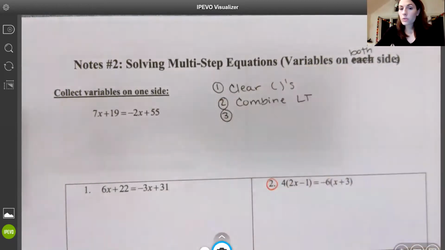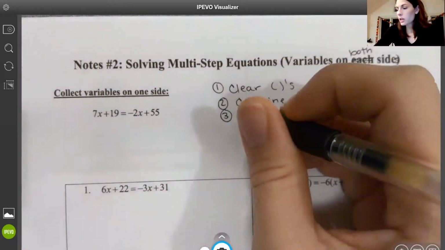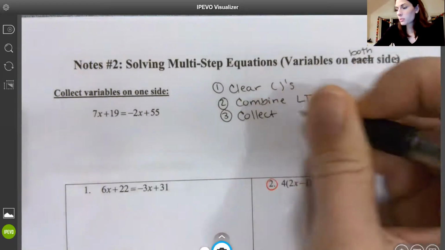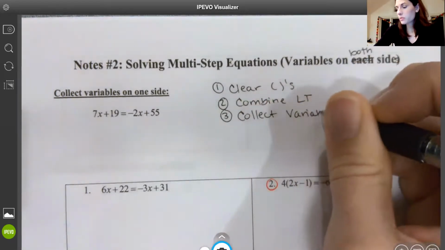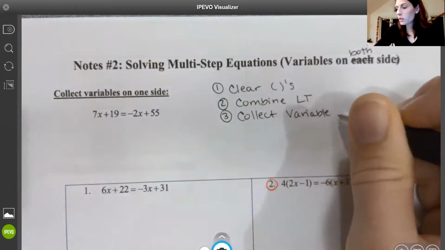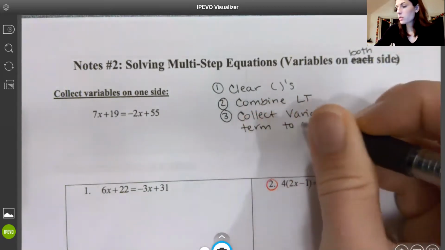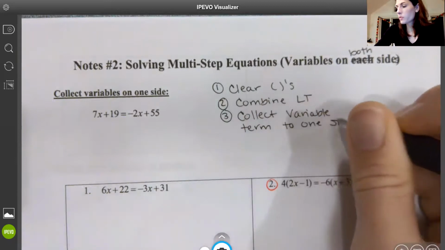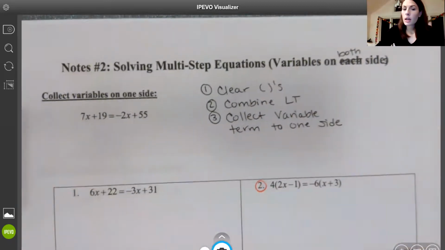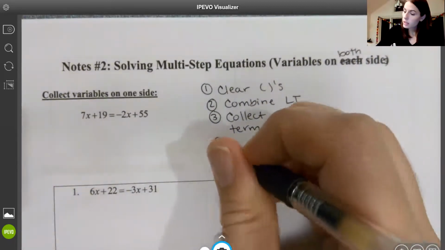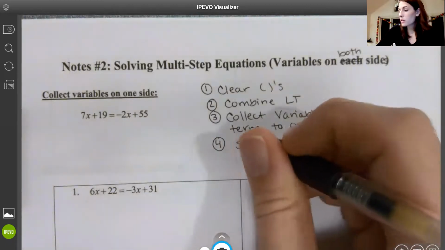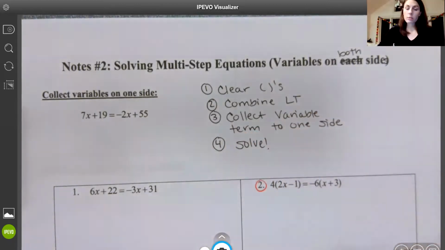Third, and this is really our focus for today, we'll collect the variable term to one side. And then we can solve. Okay, add, subtract, multiply, divide, use inverse operations.